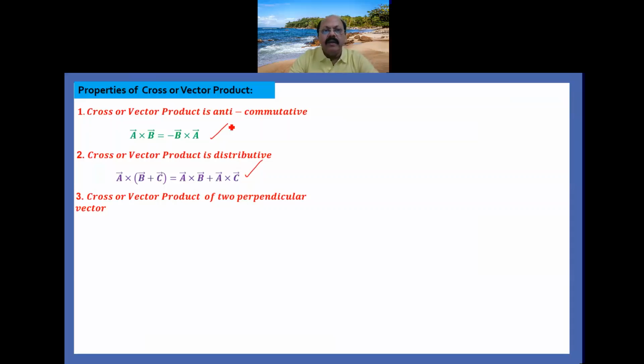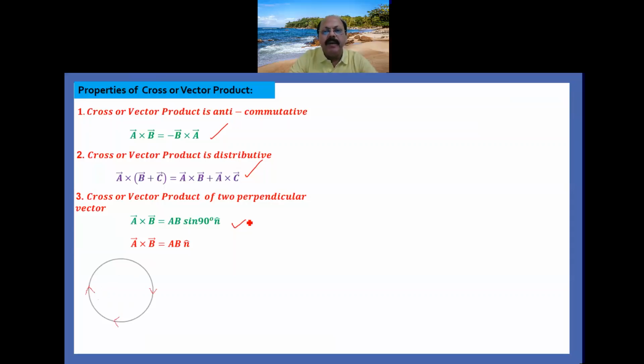Third property, the cross or vector product of two perpendicular vectors, that is A vector cross B vector equals AB sine 90 n cap. Sine 90 is 1, therefore A vector cross B vector equals AB n cap. By using this concept, we have to make the identities, that is, we have to write the cross product in terms of unit vectors.